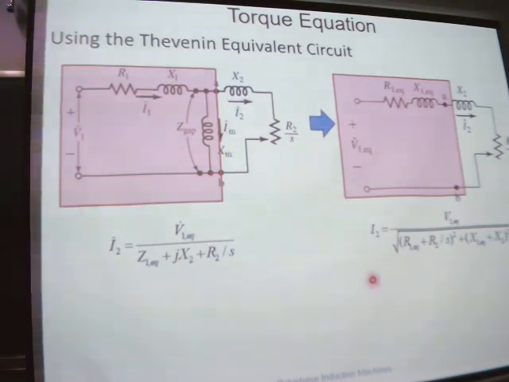And also you can calculate this effective value. This I2 with a dot on top is a vector, and this I2 without the dot is the effective value.